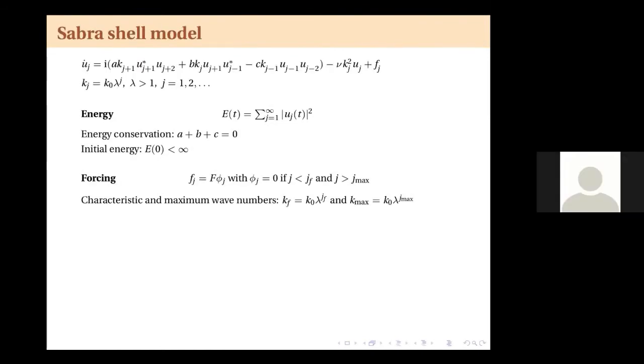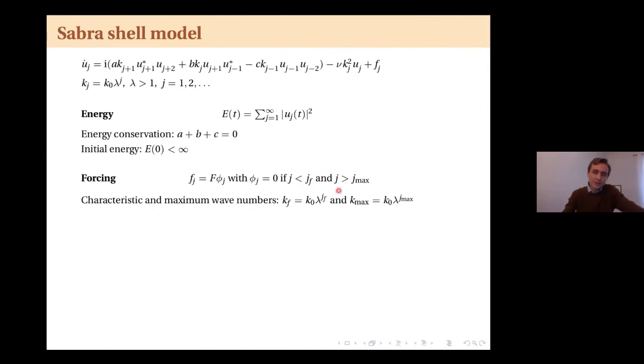Now, regarding the forcing of the equations, I'm distinguishing the magnitude, capital F, from the shape of the forcing. And the shape is such that there are two numbers, JF and Jmax. Below JF, Fj is 0, Phi-j is 0, and above Jmax, it is also 0. So this is a narrow band forcing, which is perfectly compatible with what is usually used in simulation.